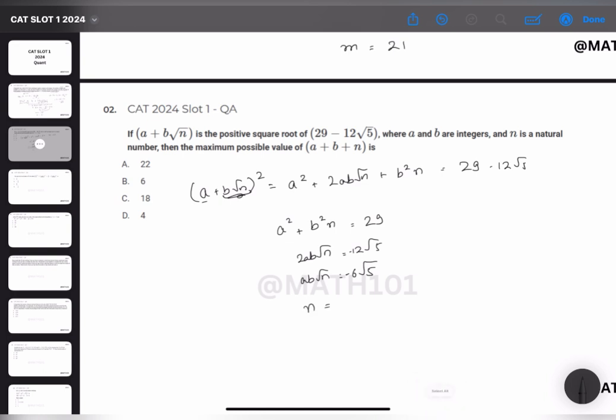If we take n equals 5, we have a square plus 5b square equals 29. a and b are integers. But this will not hold for b equals 0, b cannot be 0. If b is 1, a square plus 5 is 29, a won't be a perfect square. If b is 2, this will hold for a equals 3 and b equals 2.